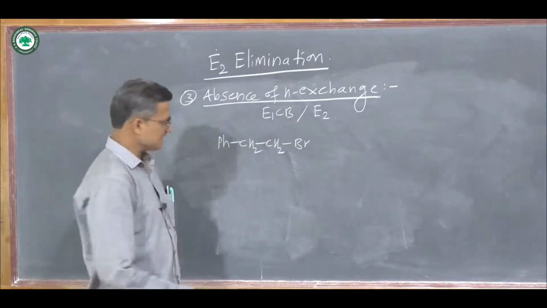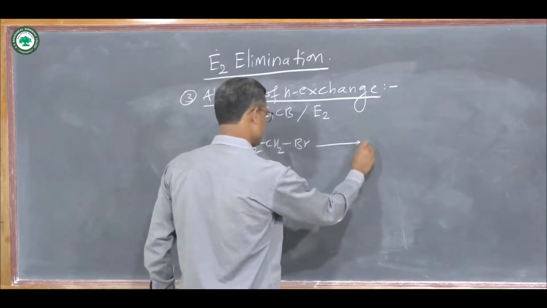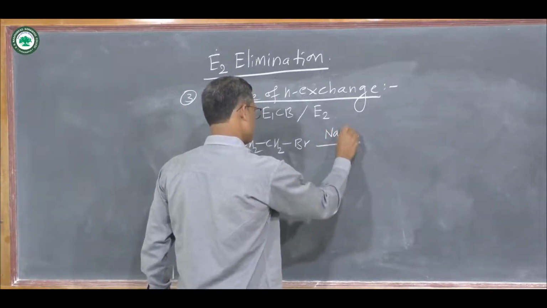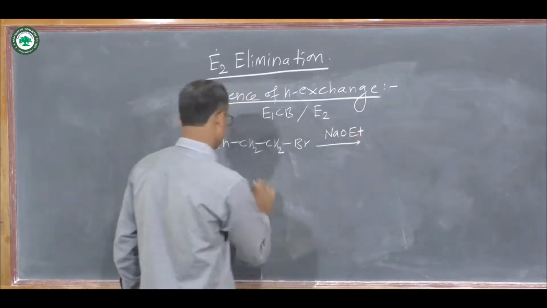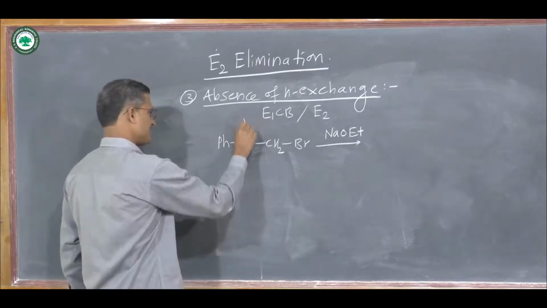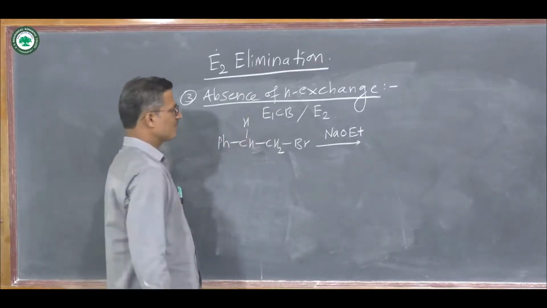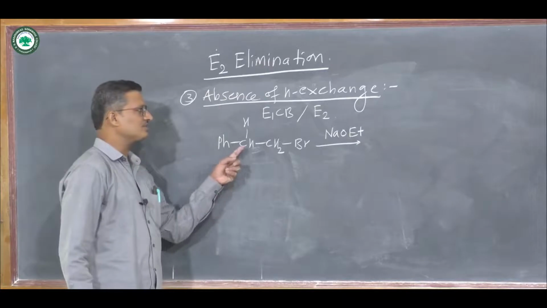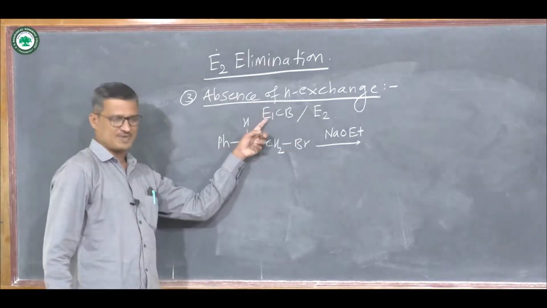And what happens in this case? We take this substrate and treat it with sodium ethoxide. But does this substrate follow the E2 mechanism or the E1CB mechanism?